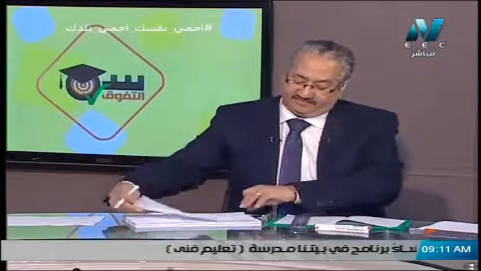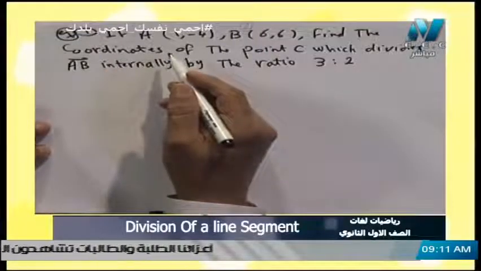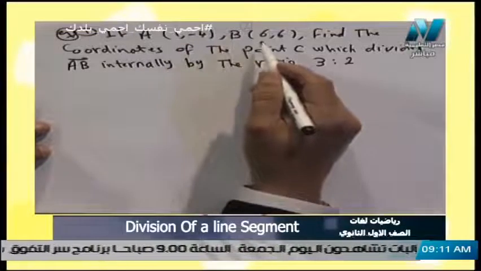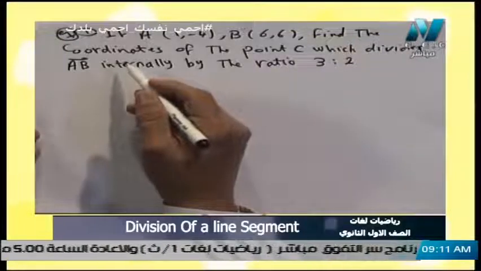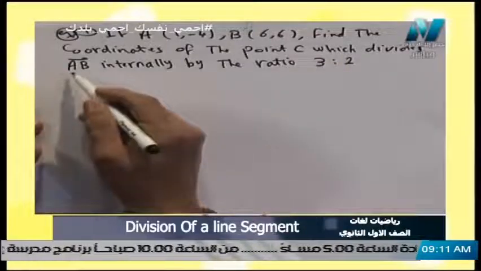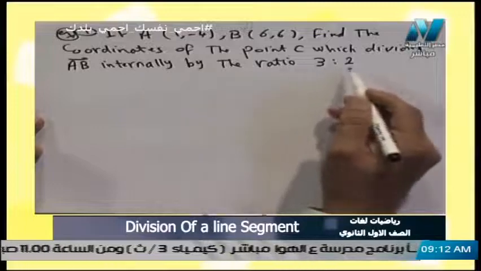We will continue division of a line segment, and we have many examples for you to study. The first example is: if A is the point 1 and negative 4, and B is 6 and 6, find the coordinates of the point C which divides the line segment or the vector AB internally by the ratio 3 to 2.